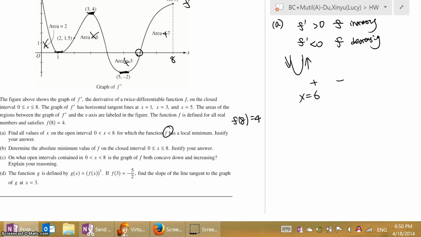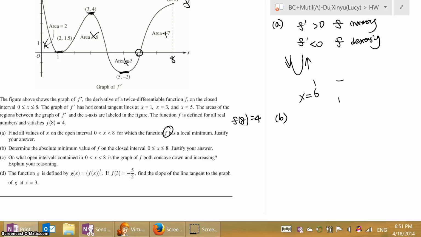So that's part A. Based on the scoring guideline, we got 1 point for part A. Let's go to part B. Determine the absolute minimum value of f on the closed interval. There are 3 possible places where the absolute minimum will be located.